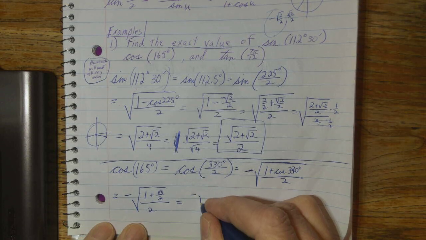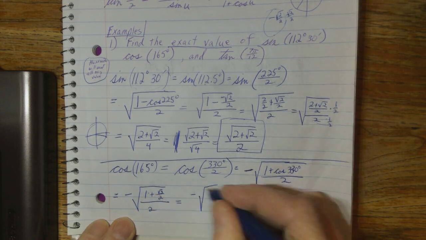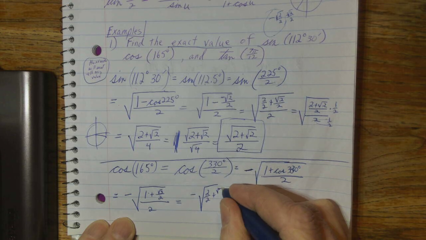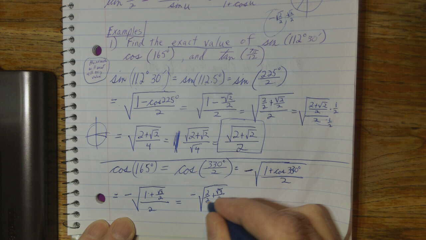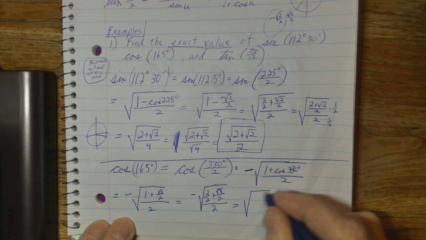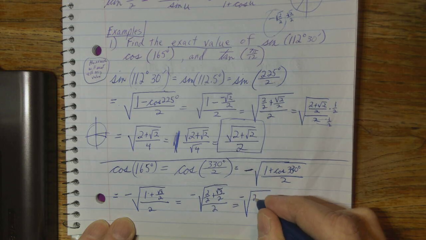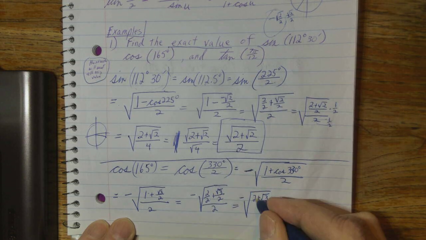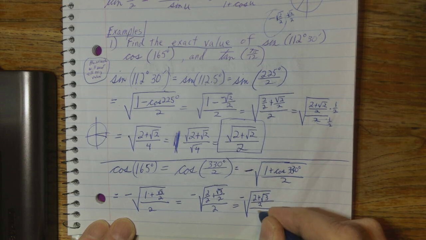And I'm going to write 1 as 2 over 2, so that I can get a common denominator and put that together. And that's over 2. So it's a square root, and remember it's negative. I got 2 plus radical 3 over 2 over 2.